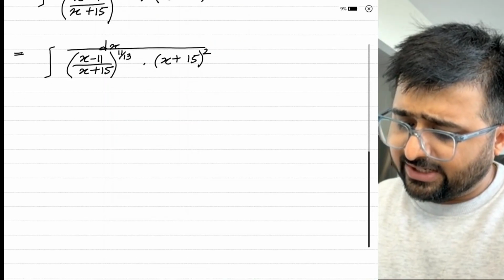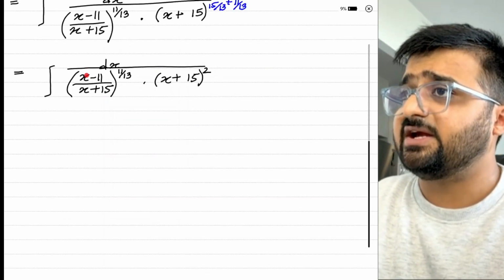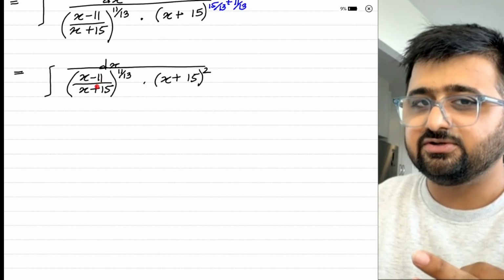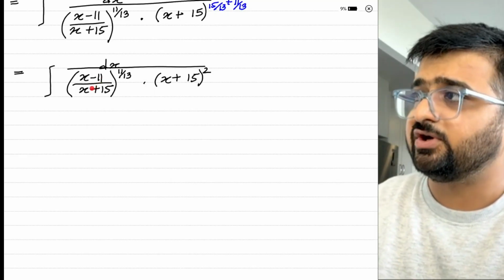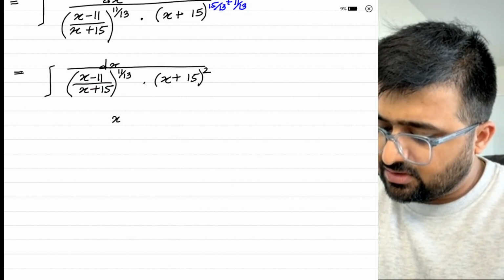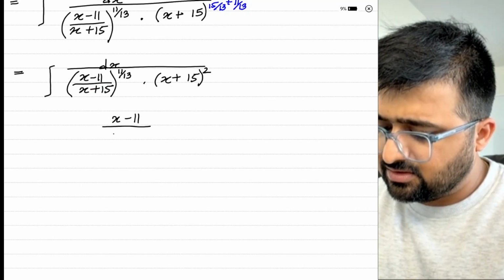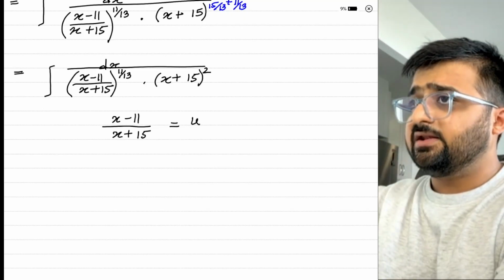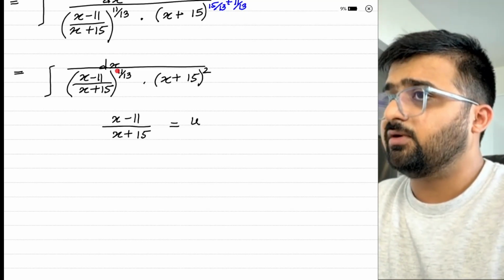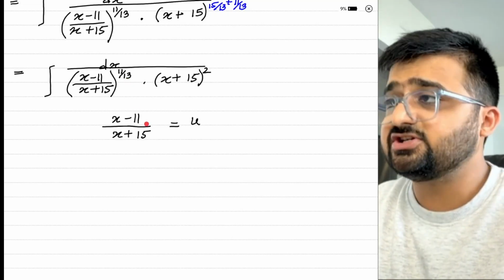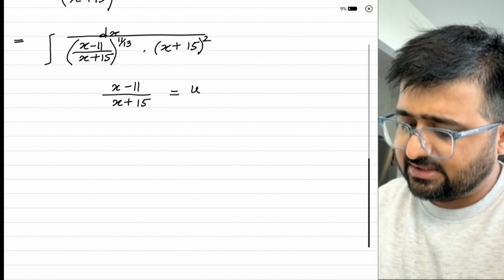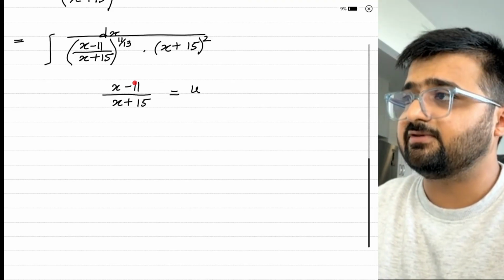Now what I can do is put that complicated term, (x minus 11) divided by (x plus 15), as u and do the u substitution, and the magic will happen at that point. So let's say (x minus 11) divided by (x plus 15) is equal to u. Now, in order to convert that integral from the x world to the u world, let's differentiate both the sides with respect to x. You'll have to apply the division rule of differentiation.